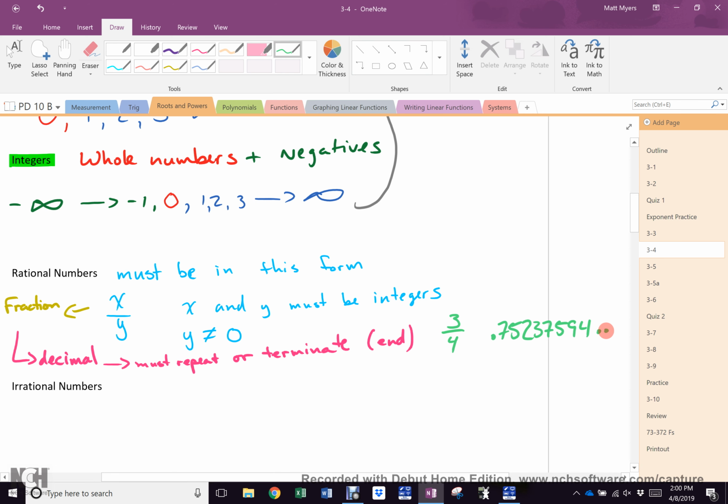Is this a rational number? Okay, good. Is this a rational number?